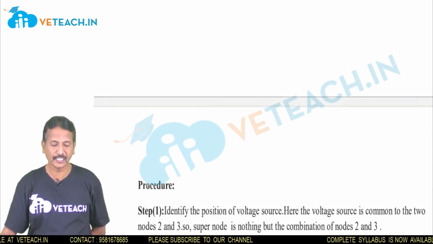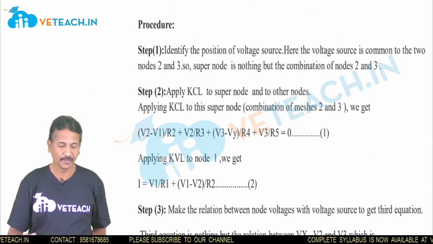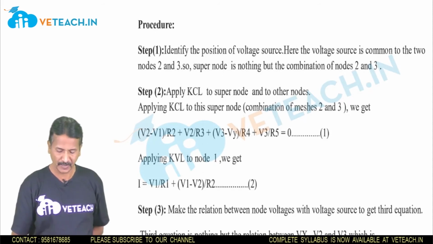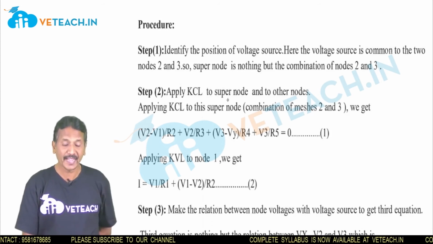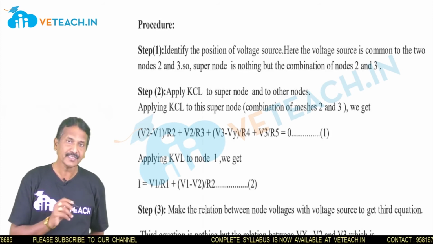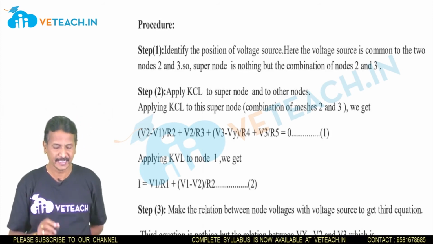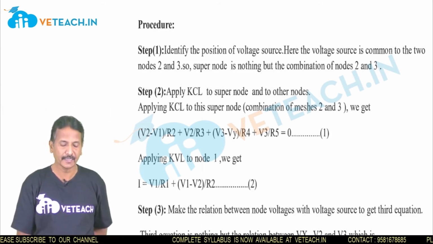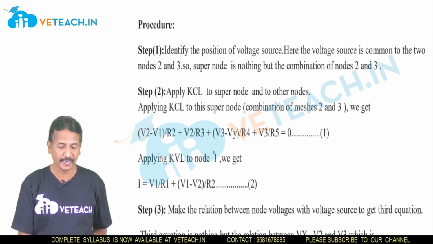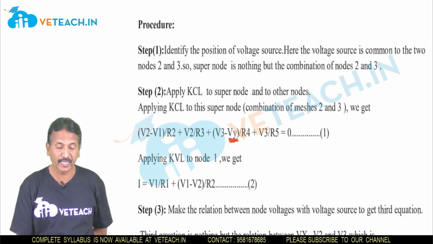So how to write the steps? What is the procedure? Identify the position of the source. Yes, I already identified where the source is. Apply KCL to the super node. What you have to do? We have to apply KCL. Before it was KVL, here it is KCL, right? So what happens here? (V2 minus V1) by R2 plus V2 by R3 plus (V3 minus Vy) plus V3 by R5 is equal to 0. What is the meaning of Vy?